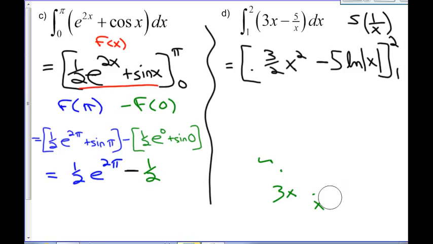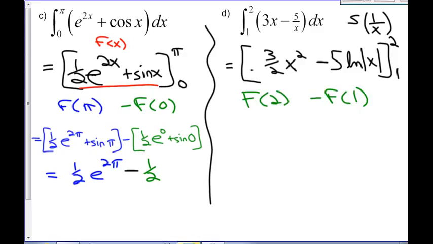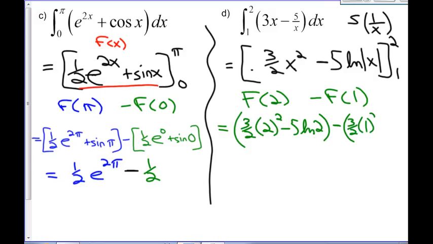So now, I'm going to sub in that 2, and then I'm going to sub in that 1. So, big F at 2 minus big F at 1. I'm giving up on my color coding here because we've done this a bunch of times. So 3 over 2 times 2 squared minus 5 ln absolute value of 2 is just 2, minus 3 over 2 times 1 squared minus 5 ln, again, absolute value of 1 is just 1.